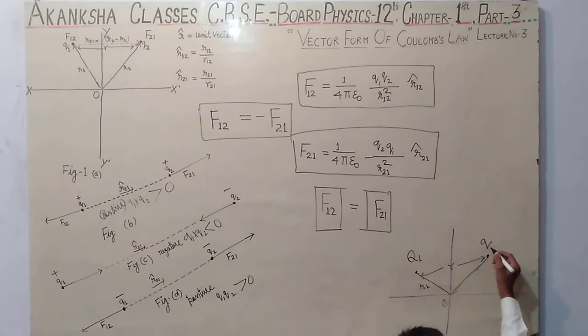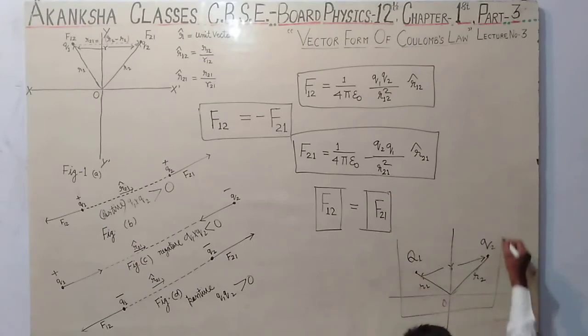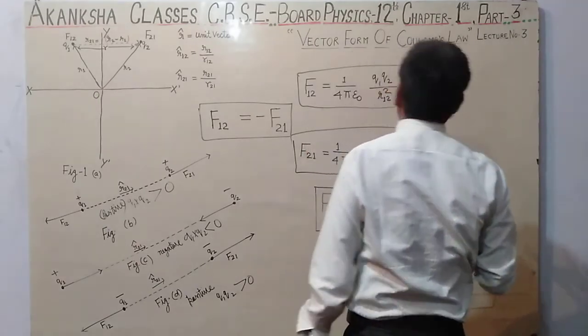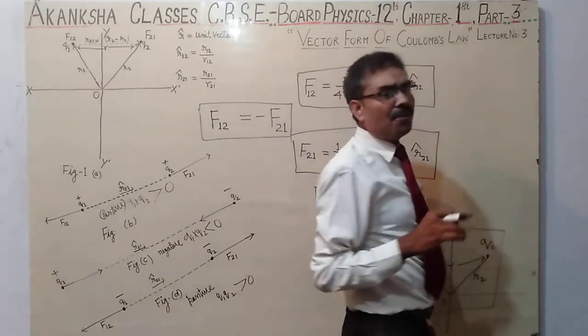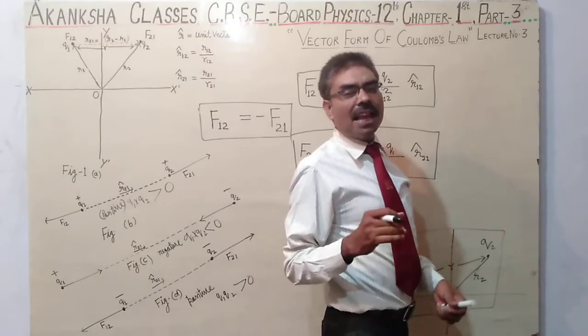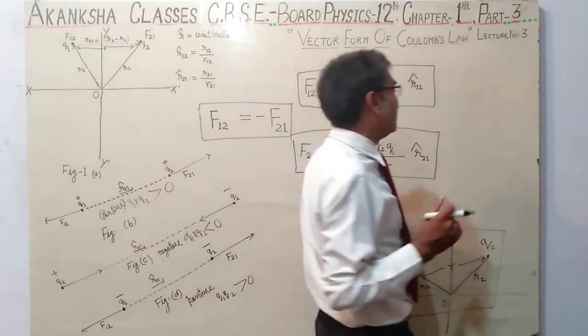And this R2 is called the position vector for charge 2 that is kept somewhere in a Cartesian plane. These facts are very important for you, not only for state boards but also for CBSE board as well as JEE Main and Advanced, also in NEET.